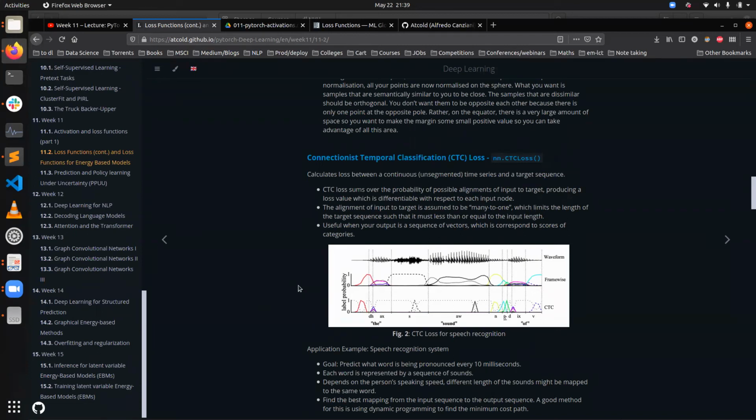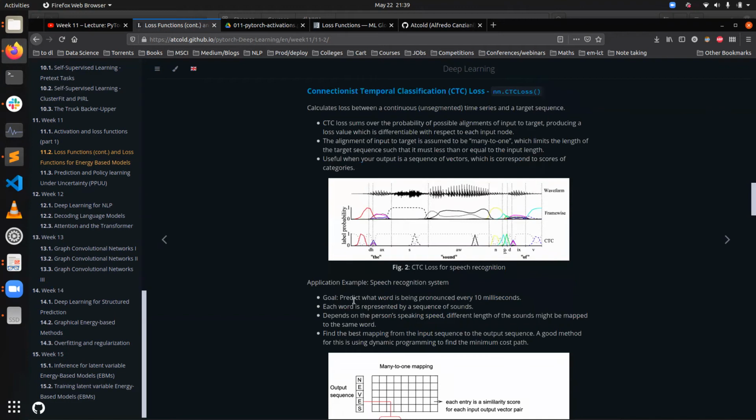The sounds of each syllable. So that's why it says this loss takes care of this many to one concept, which limits the length of target sequence such that it must be less than or equal to the input length. Useful when your output is a sequence of vectors which correspond to scores of categories.